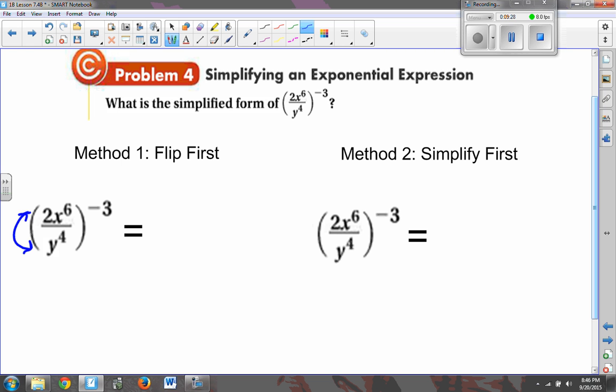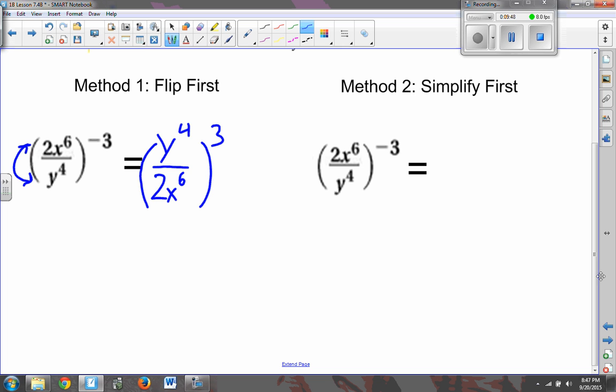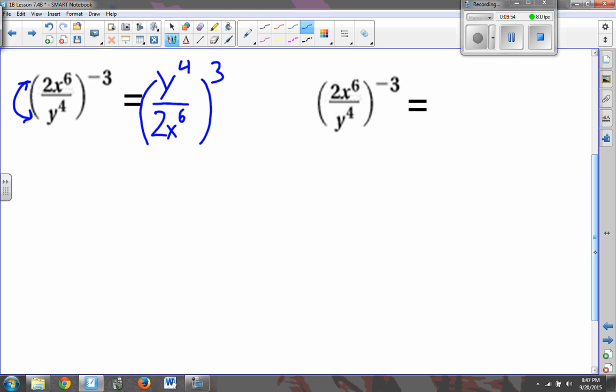So I know that this is really y to the 4th over 2x to the 6th. Now all of this is not raised to the negative 3 power anymore. It's now raised to the third power. And then I'm going to continue on by simplifying now, getting rid of those parentheses, raising each piece to the third power.